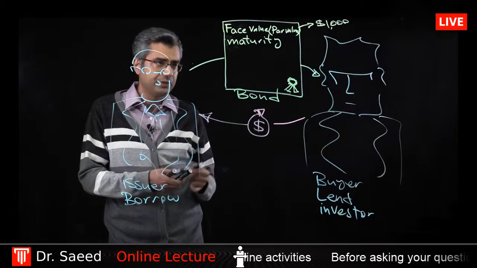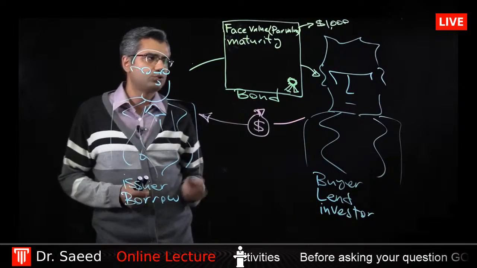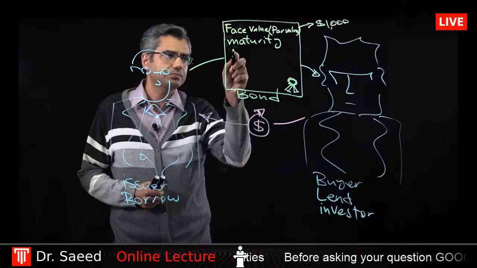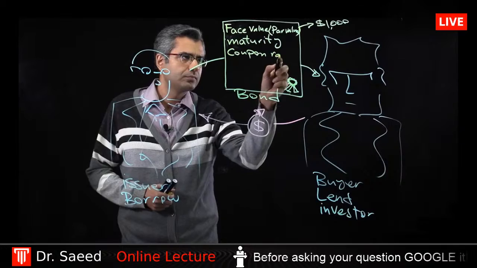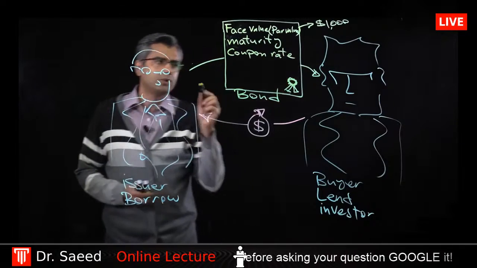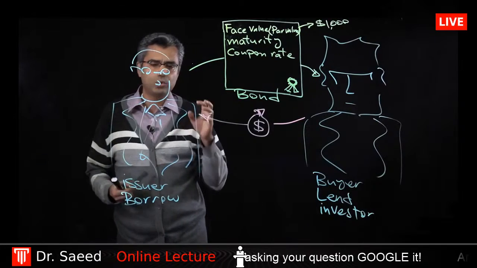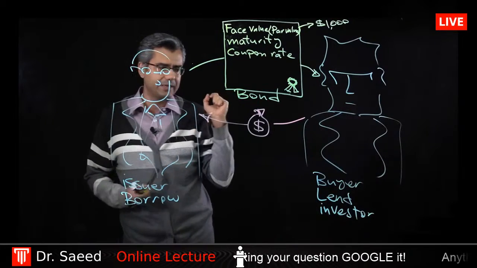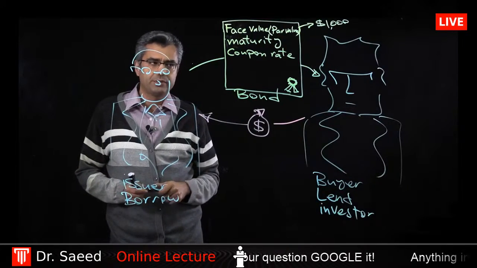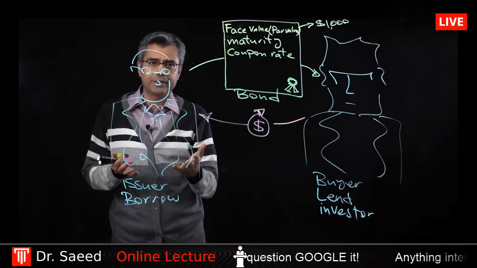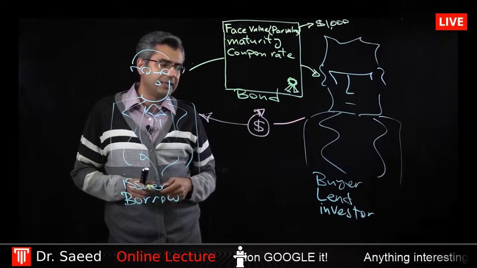from the investor. Another thing mentioned on the contract or on the instrument is the coupon rate. Coupon rate means the interest that the borrower needs to pay to the investor. Because the borrower is borrowing money, they need to pay interest to the lender.